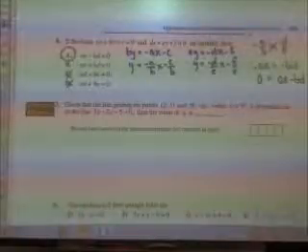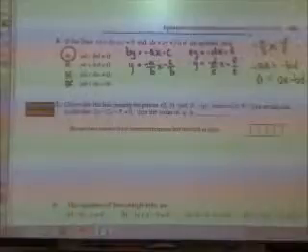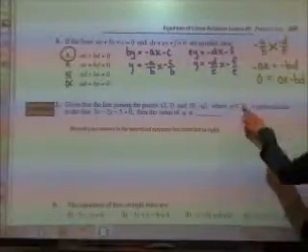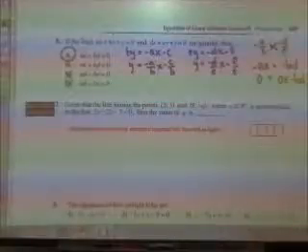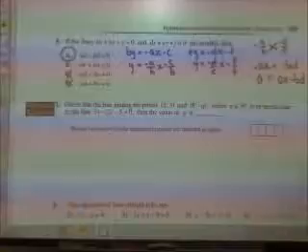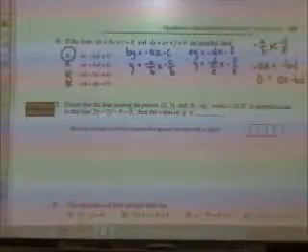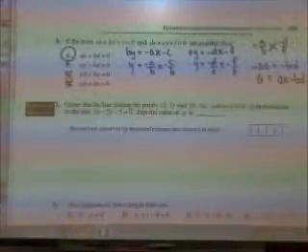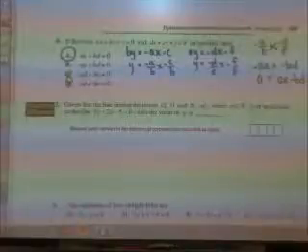Okay. Given that the line joining the points 2 and 3 and 8 and negative q, where q is a whole number, this line is perpendicular to the line 3x minus 2y minus 5 equals 0, what would be the value of q? So if I see something that says perpendicular lines, what does that imply? Something about the slopes.